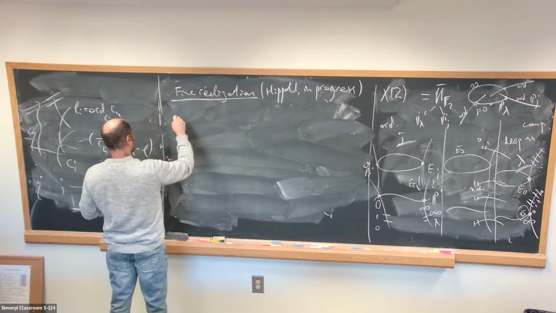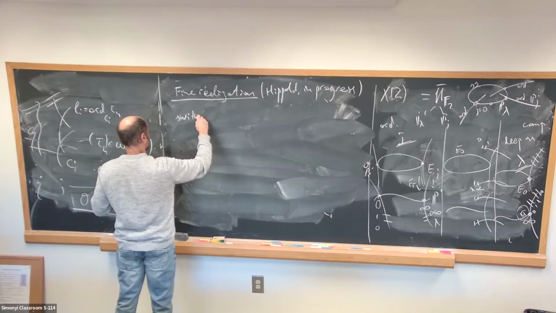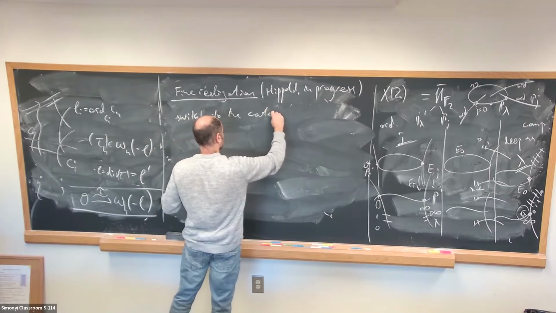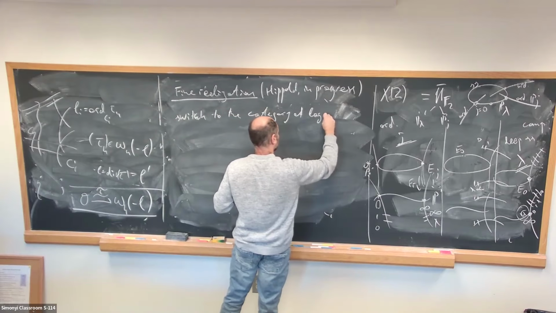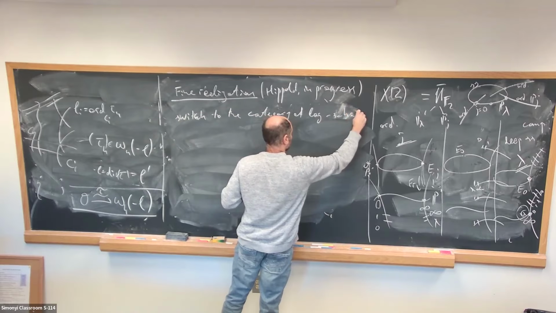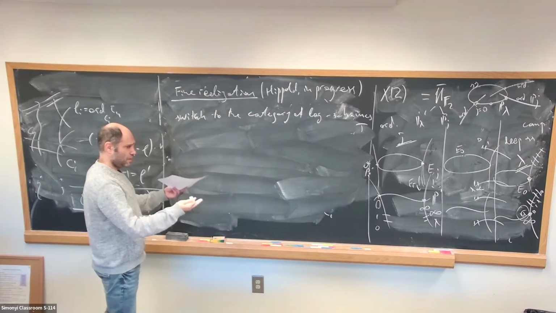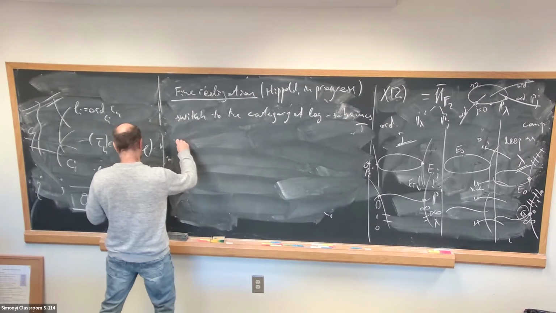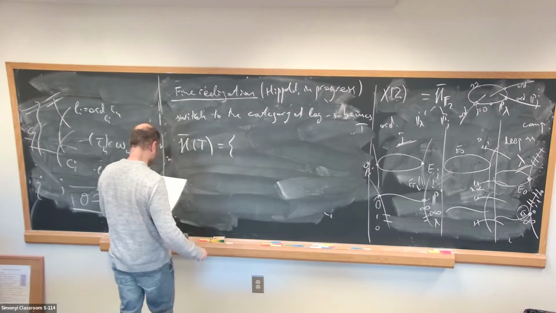First of all, switch to the category of log schemes. And we think about our functor as a functor in the category of log schemes, and then this H bar of T consists of three things.